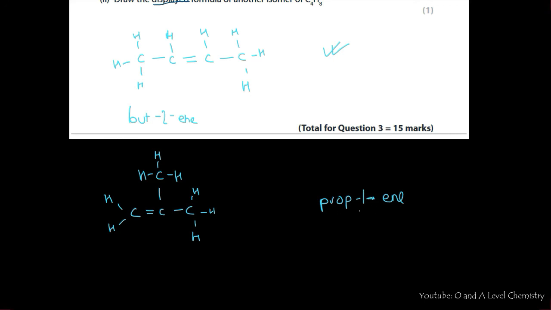You can choose to say prop-1-ene, or you can just say propene. That's okay, because there's only one possible position for the double bond, and it's always going to be in the first carbon. But we have a branching on the second carbon. This is a methyl group on the second carbon, so what I'm going to say is 2-methylprop-1-ene, or you can just say 2-methylpropene.